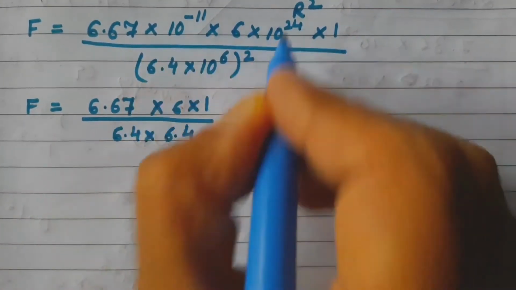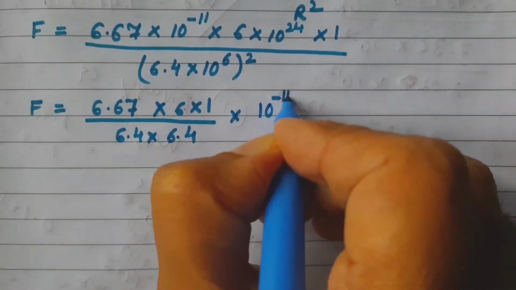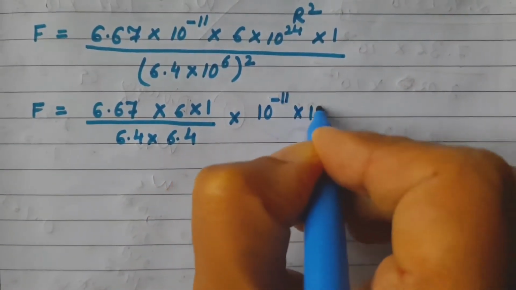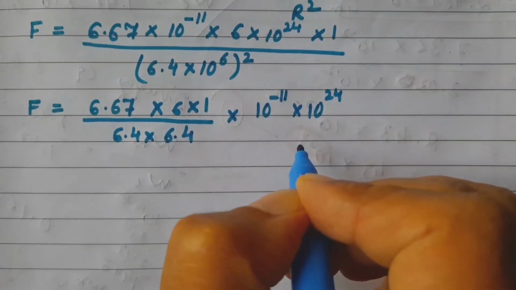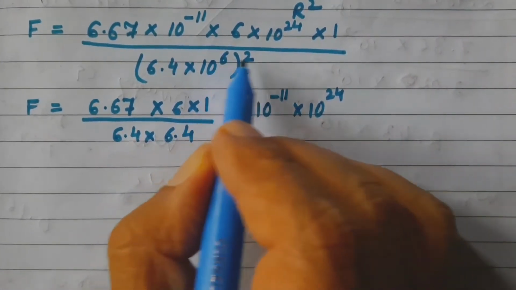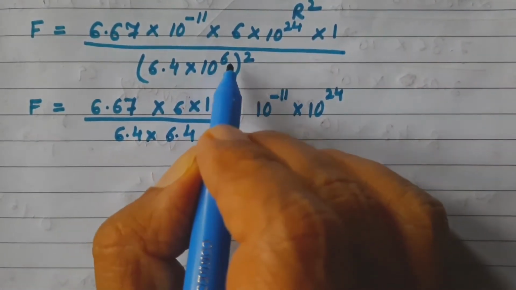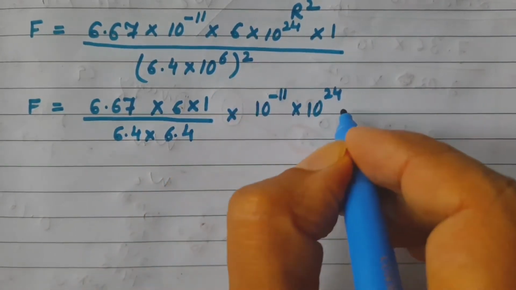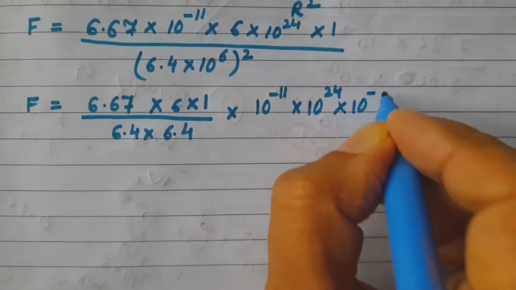Now we'll write these powers. 10 to the power minus 11 into 10 to the power 24, and the 6 to the power 12 in the denominator means 10 to the power 12, which when moved up becomes 10 to the power minus 12.